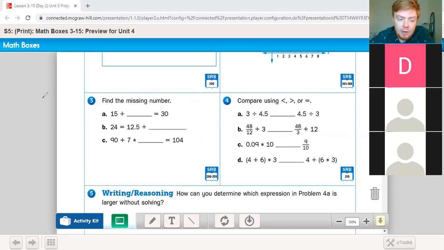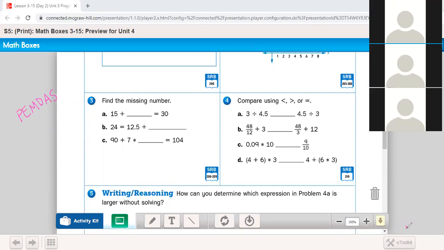Okay, so if we remember PEMDAS, which one comes first, adding or multiplying? Anybody? Demetrius?